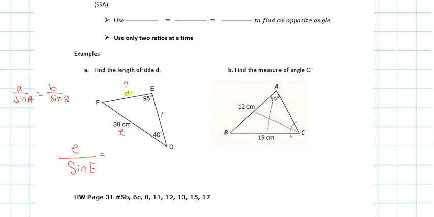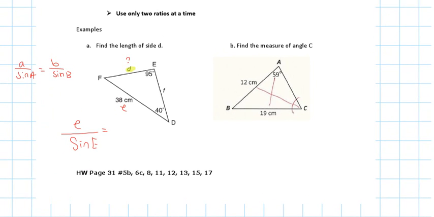Are you guys okay with that? It's going to equal b over sine B, but in this case, what am I using? D. D over sine D. You see how I used only two ratios? I didn't use three of them.